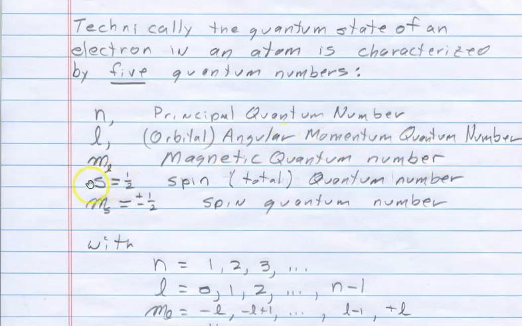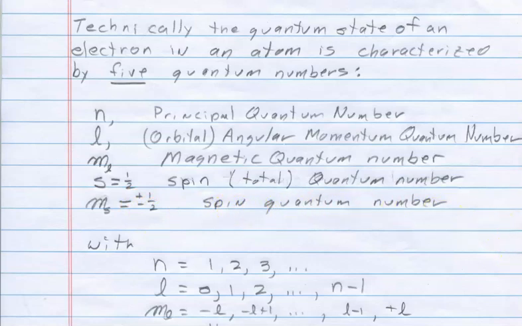There's also the total intrinsic spin of the electron, and this is usually just called the spin quantum number, or usually they don't even call this. But m sub s then goes from minus s to plus s in integer steps. So it goes from minus 1/2 to plus 1/2 in one integer step.